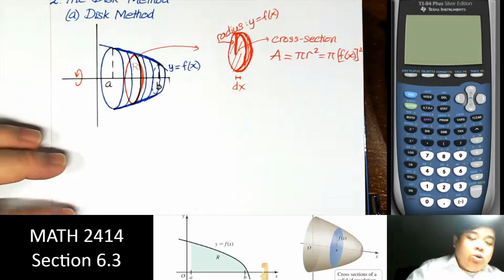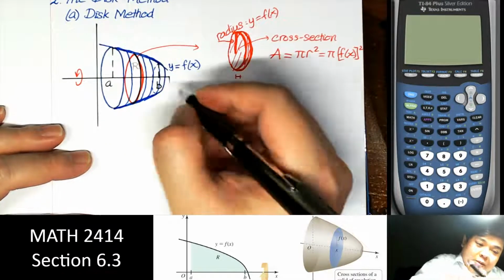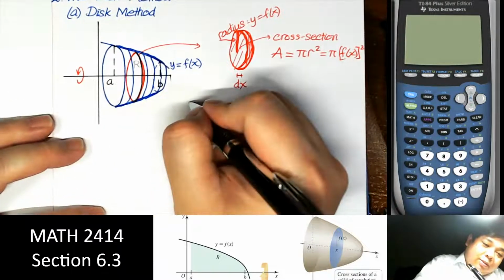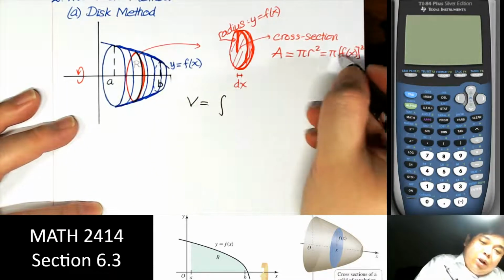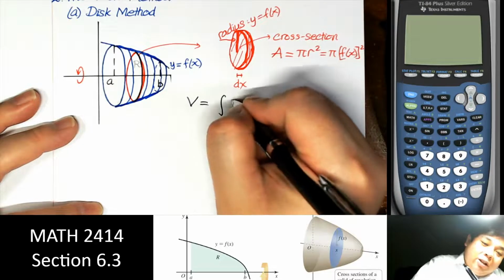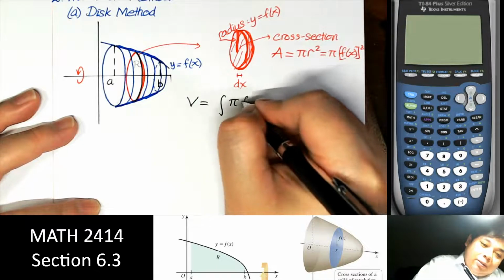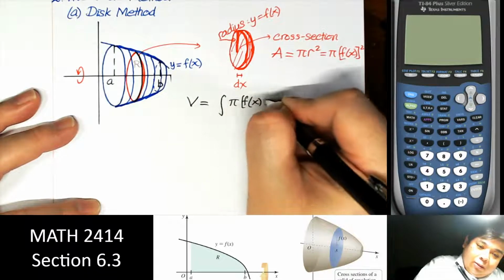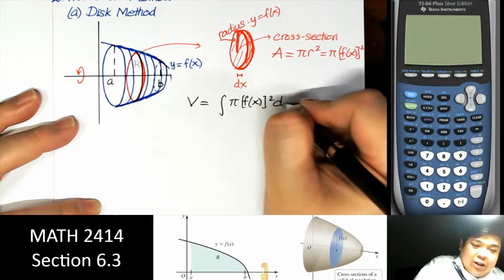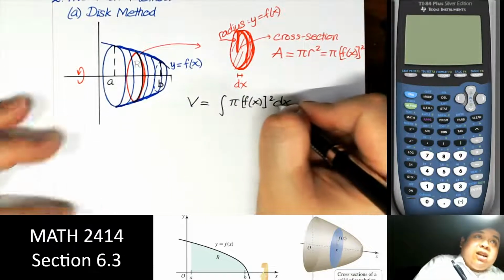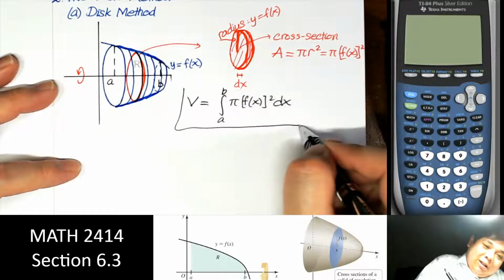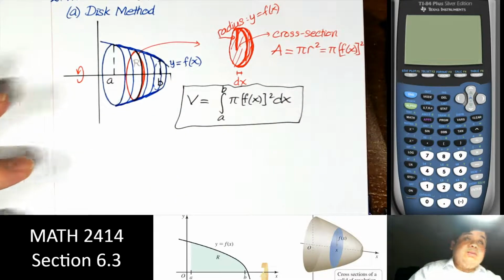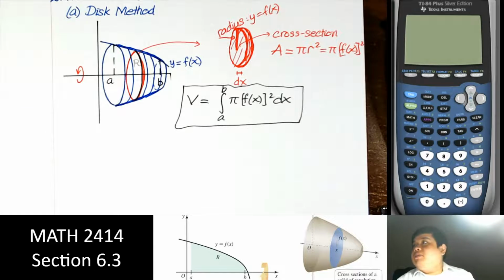Put that all together, and the volume is equal to the area of the cross section times dx, the width, from A to B.